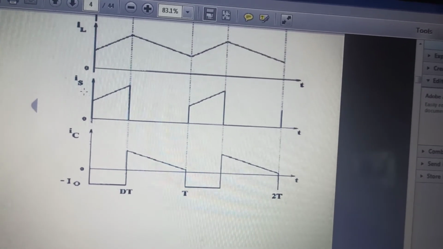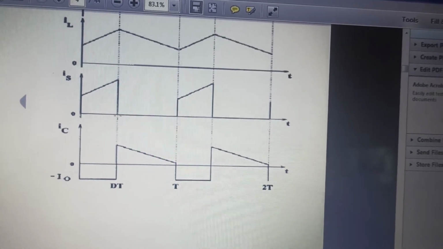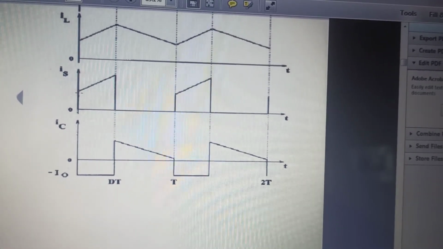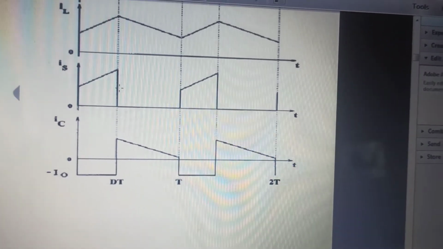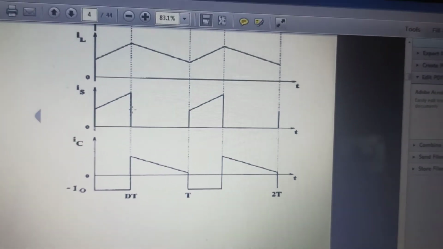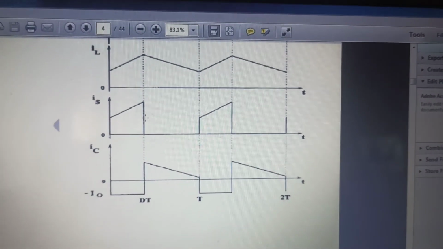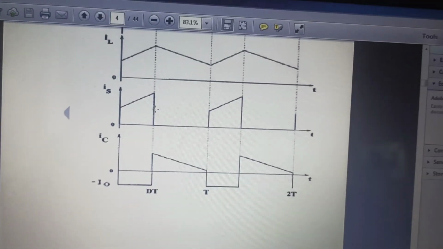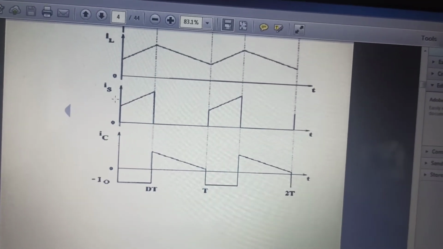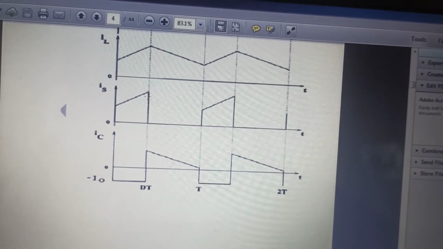What is the area? The area of this part is nothing but, if you look at this part, this is the IL minimum value. Okay, am I right? Yes, this is IL minimum, and this is I naught average.